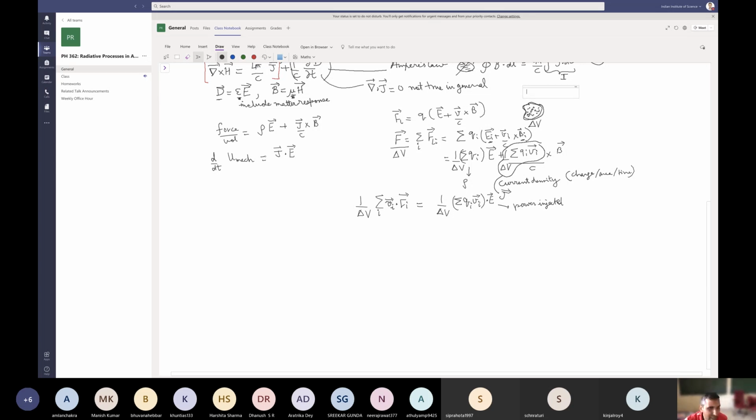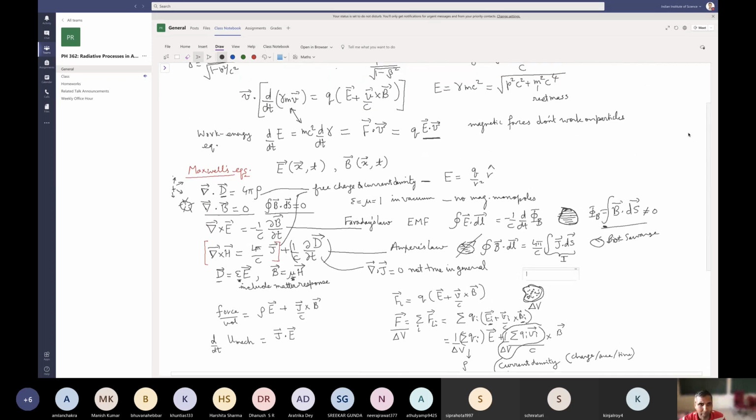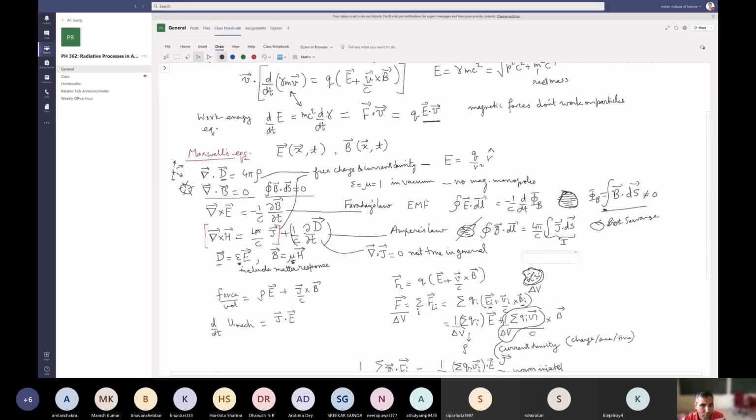This power goes in increasing the kinetic energy of the particles. If we go up and see the single particle form of this equation, the change in kinetic energy, or the change in total mechanical energy of a single particle, is QE dot V. When we sum it over a small volume, we get this as a change in mechanical energy density.